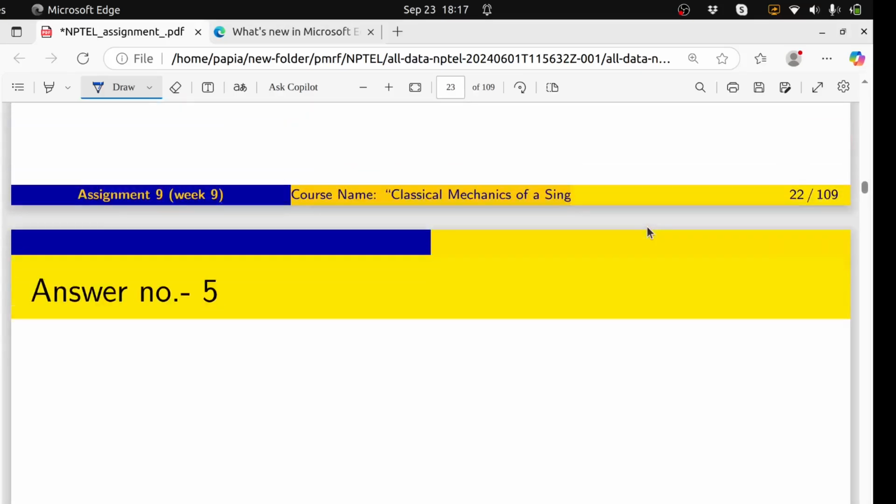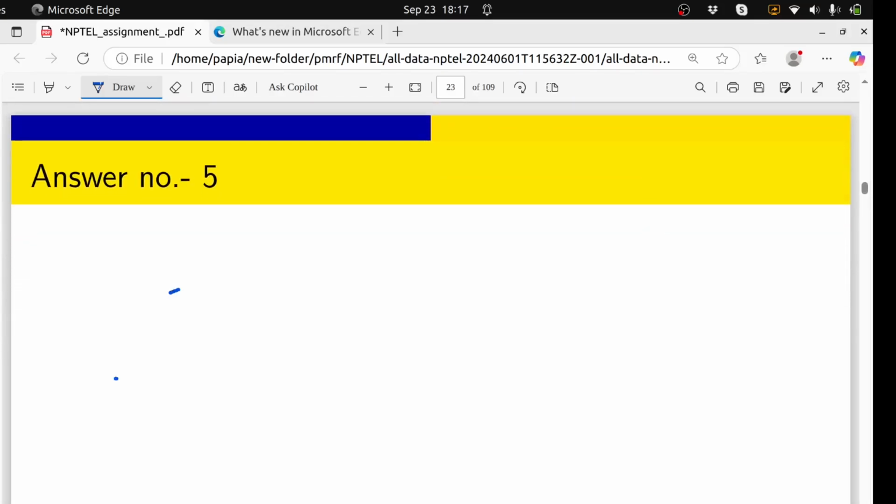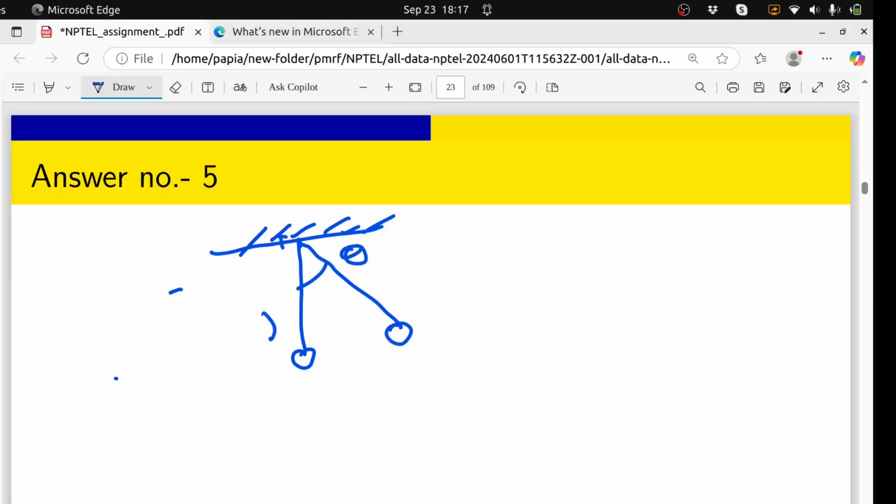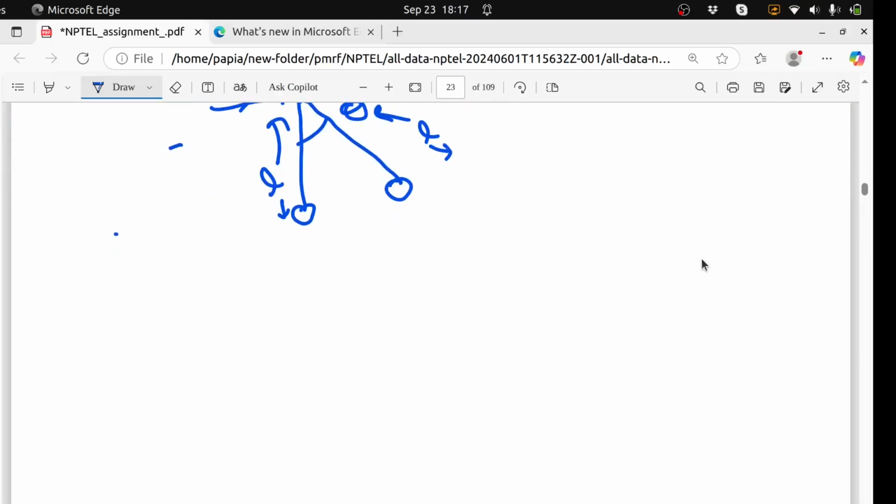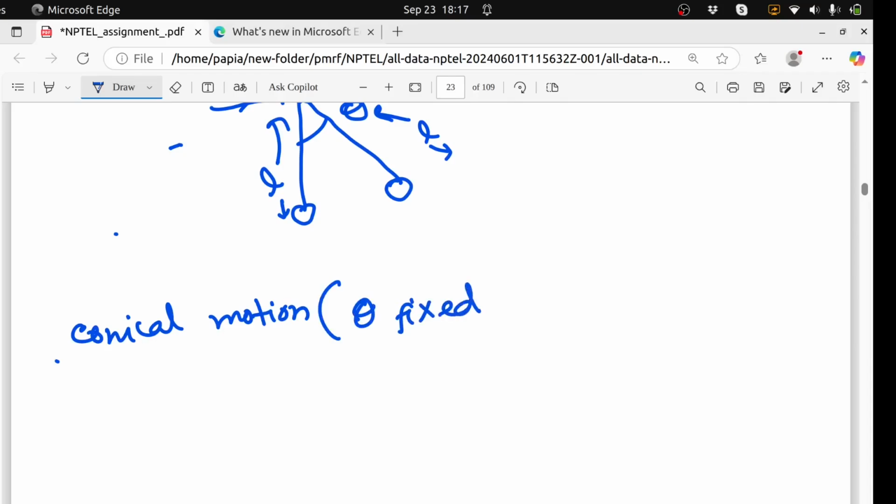Basically, I am just drawing a pendulum. So here, conical motion is mentioned in the question. That means theta is fixed and it is a steady rotation.